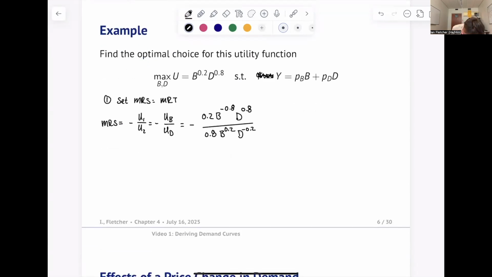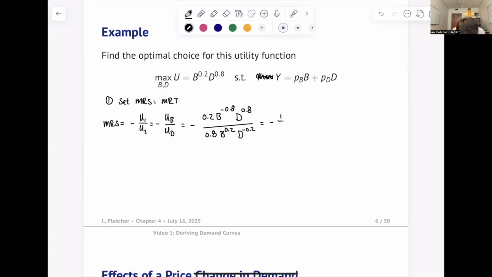And this is going to give us minus 1/4 times D over B. That's going to be our marginal rate of substitution.